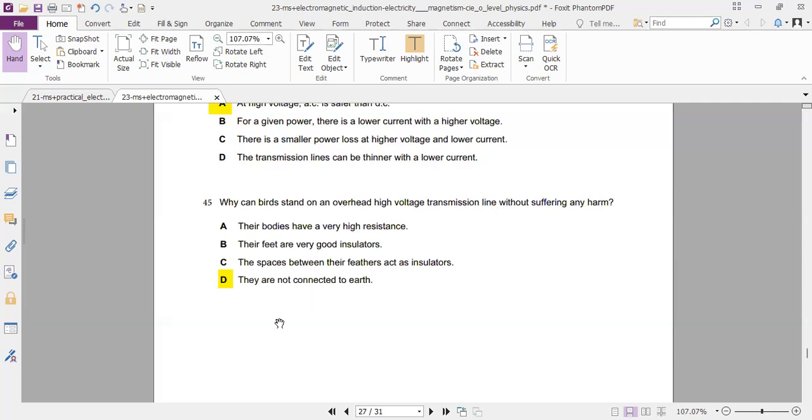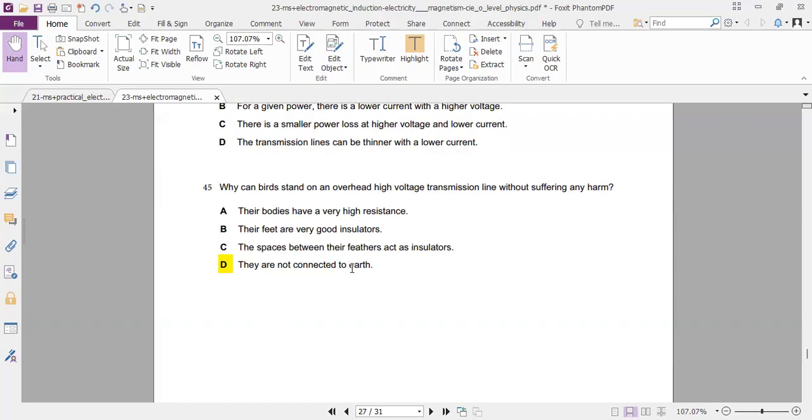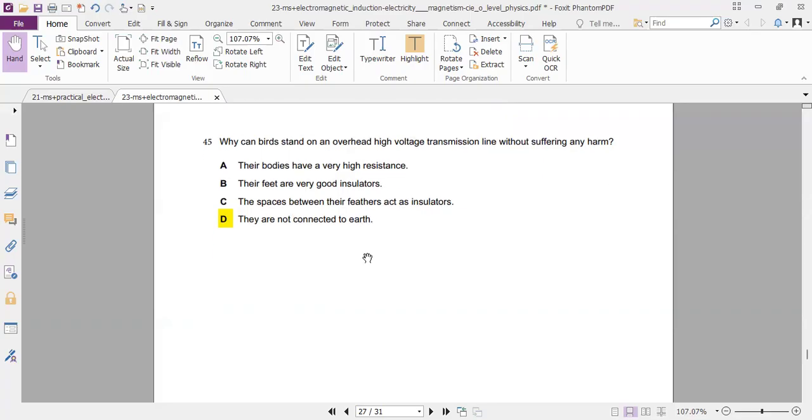Because, well, they are not connected to earth. One might also say that their feet are good insulators. Both are possible. So this time it is given as B. It can also be B as well. Because so many times they die as well.